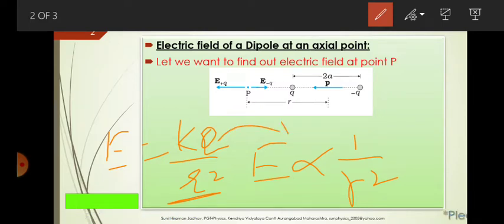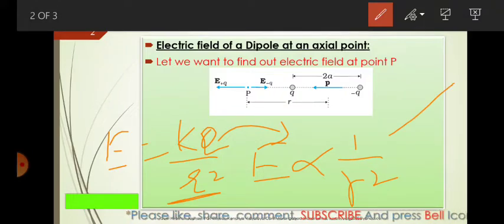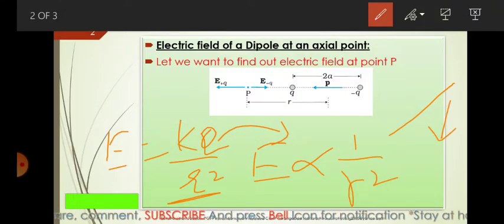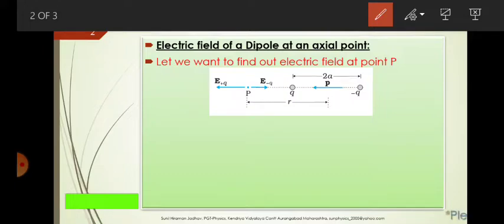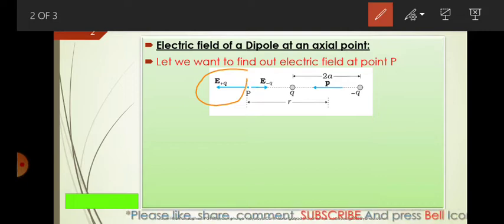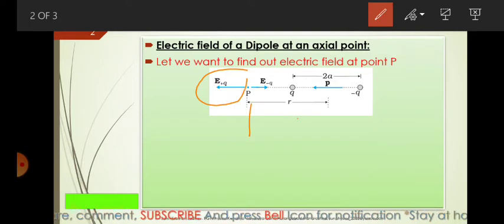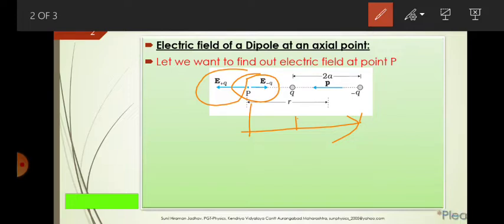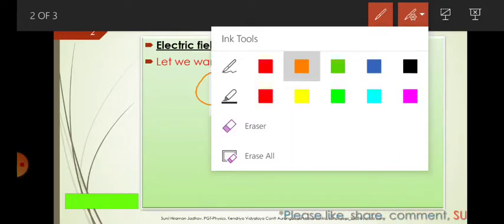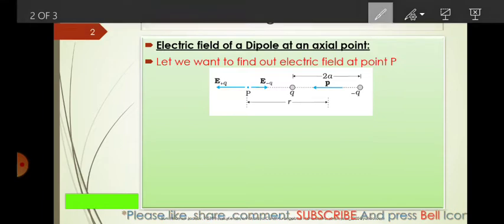So E is inversely proportional to r square. As you go away from the charge, the value of E falls. So in vector notation we show that as point P is closer to the plus q charge, the field of the plus charge is larger, whereas the minus q charge is slightly away from point P, so the field of minus q is slightly less. We have to indicate that clearly in the diagram.